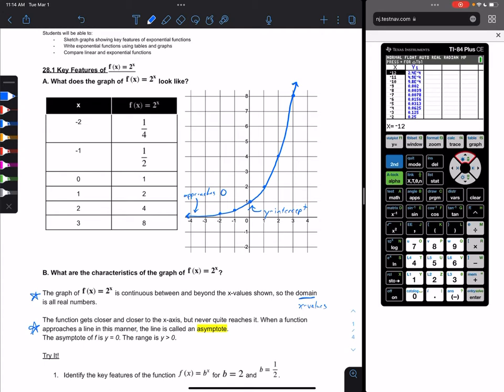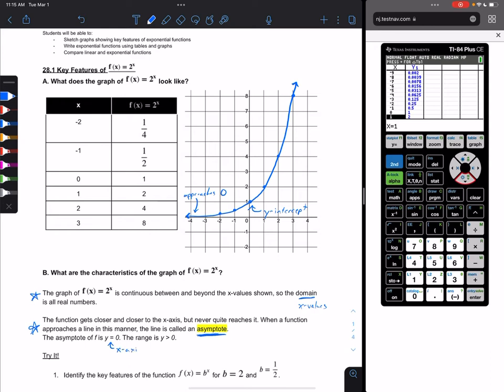These are incredibly tiny numbers. So you get closer and closer to the x-axis, but you're never actually going to touch it or cross it. When a function approaches a line in this manner, the line is called an asymptote. You want to be familiar with this word. The asymptote of f is y equals 0, which is our x-axis.